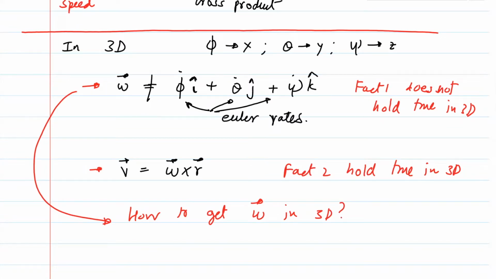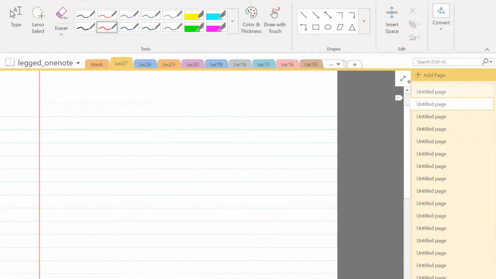Before I show you how to get that, I need to introduce what is known as skew symmetric matrices. So let's talk about skew symmetric matrices because they will be useful in finding angular rotation in 3 dimensions.